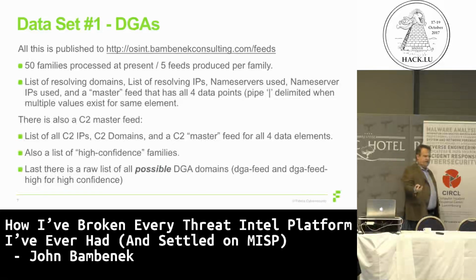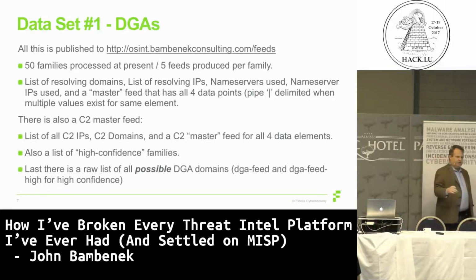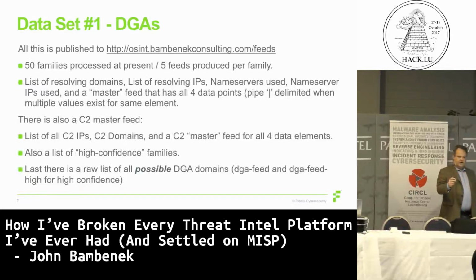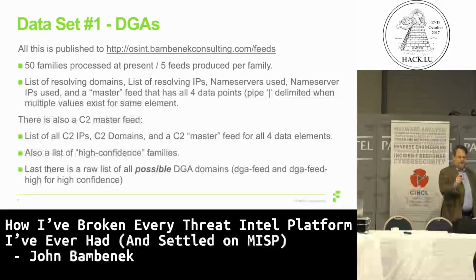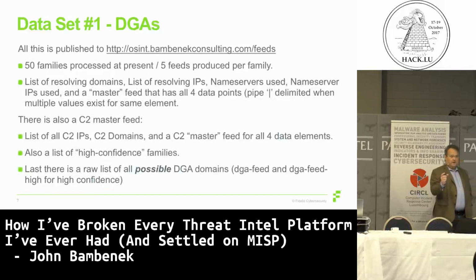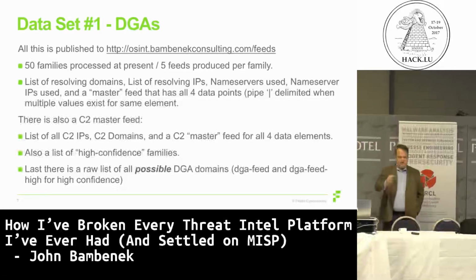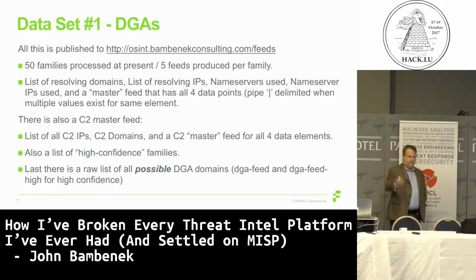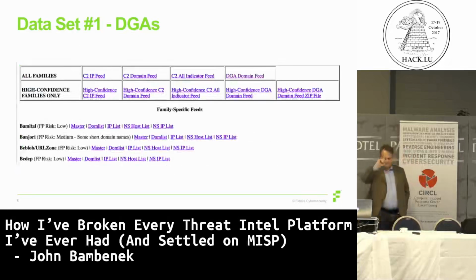And then I create another set of high confidence feeds, because there are DGAs that use word lists and DGAs that create short domains that will often enough collide with something that's actually registered and real, some innocent victim. So I do separate out those where you can actually have some collisions with an otherwise benevolent site.